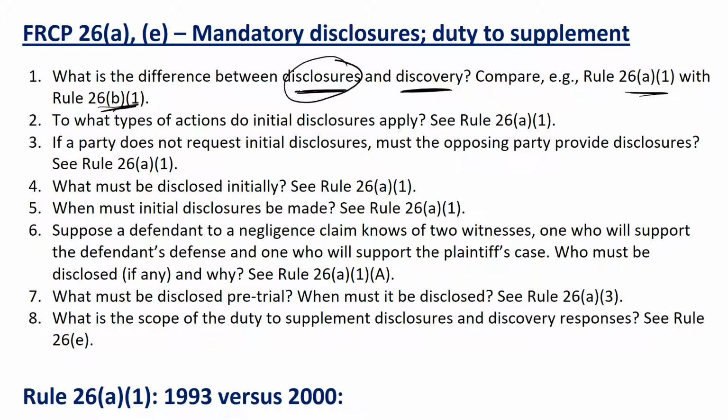Disclosures, in contrast, are not things that you ask for, but rather things that must be given to you without you having to ask for them. Put differently, disclosures are things that a party must provide to other parties automatically without being asked. Okay, it's not a may, it's a must. So that's the difference between disclosures and discovery.